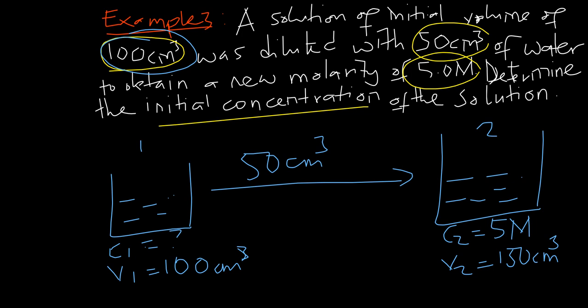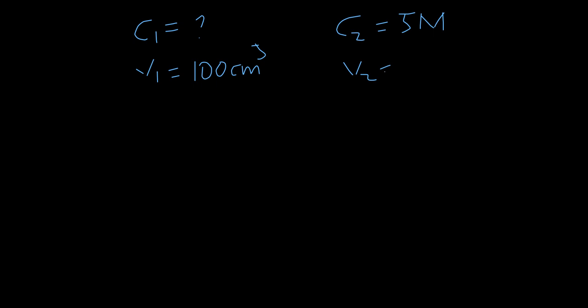So let's put down our information: C1 we don't know, V1 is 100 cm cube, C2 is 5 molar, and V2 is 150 cm cube.